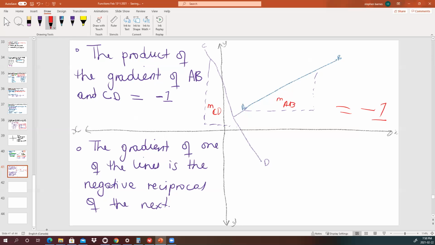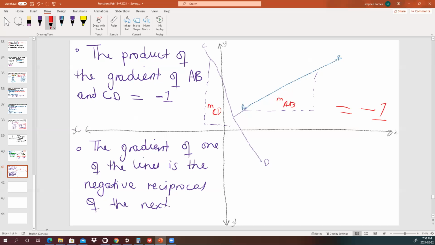Another way to say the same thing, and we're going to prove that the first way of expressing it and the second way are the exact same thing, is to say that the gradient of one line is the negative reciprocal of the other line, right?